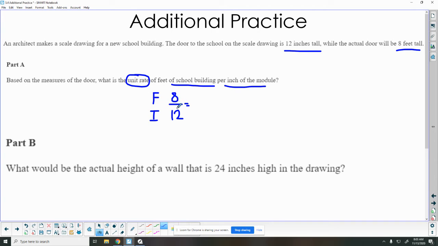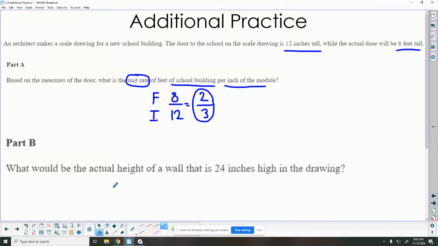So what number can go into 8 and 12? Well, that is 4. 8 divided by 4 is 2, and 12 divided by 4 is 3. So the scale, the model, is 2/3 of the actual building here. So here's our unit rate is 2/3.